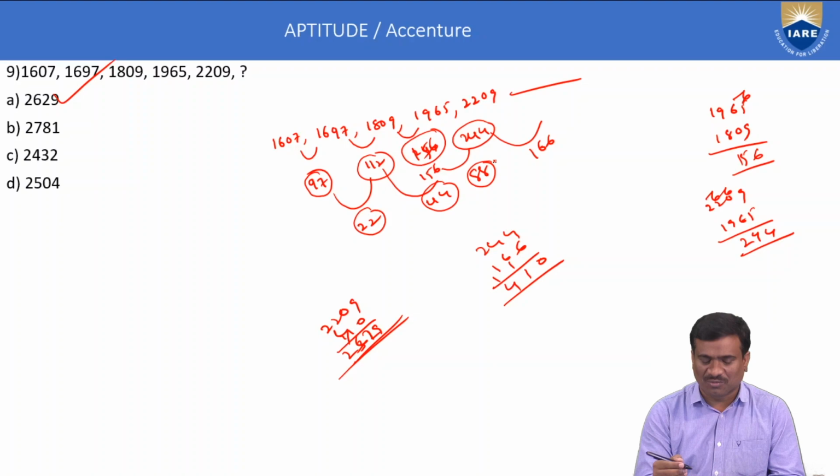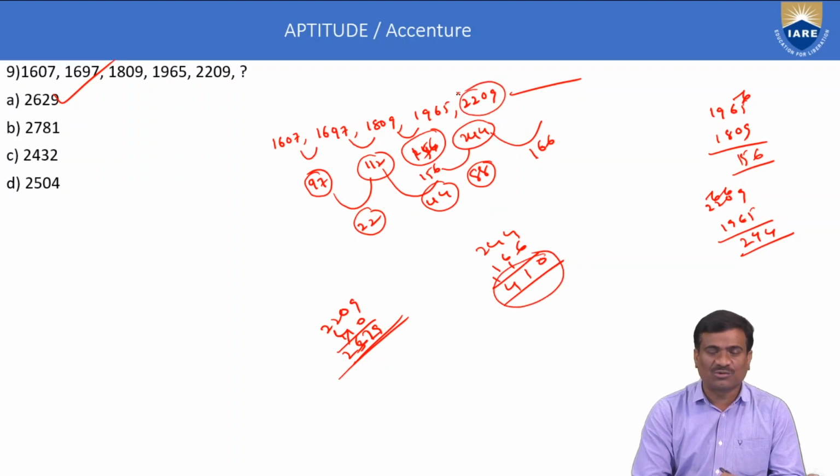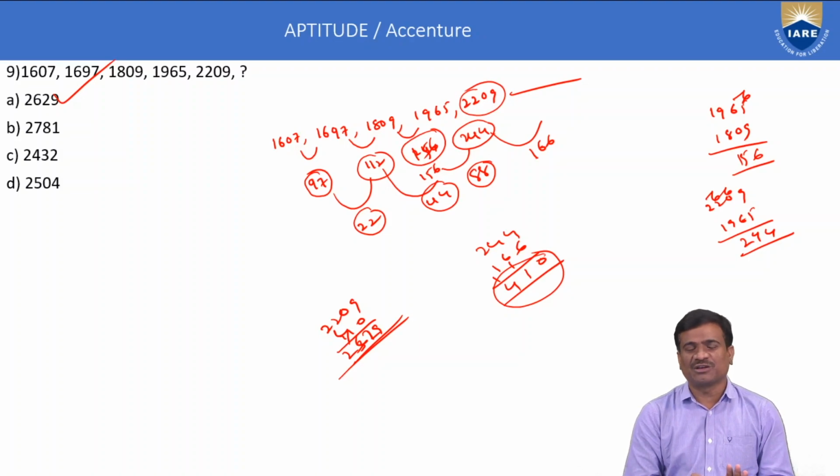Next, double. 22 doubled is 44, 44 doubled is 88, 88 doubled is 176. Therefore, 244 plus 166 is equal to 410. 410 plus 2209 is equal to 2629. Option A only is correct. Number series carries only 1 mark in the Accenture test pattern.